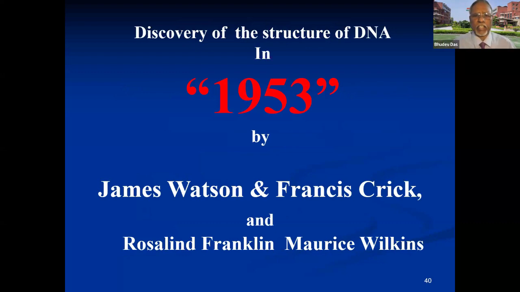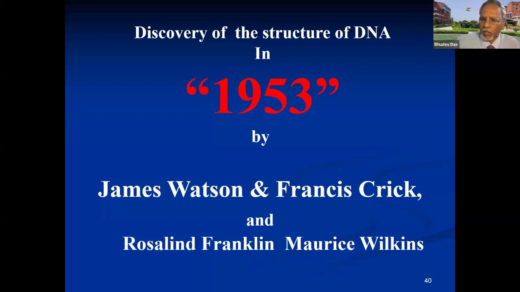The discovery of DNA was already told: 1953, James Watson, Francis Crick, Rosalind Franklin and Maurice Wilkins. But James Watson, Francis Crick and Maurice Wilkins got the Nobel Prize. Rosalind Franklin, a lady who died of breast cancer, was the one who discovered the X-ray diffraction results showing the double helix.